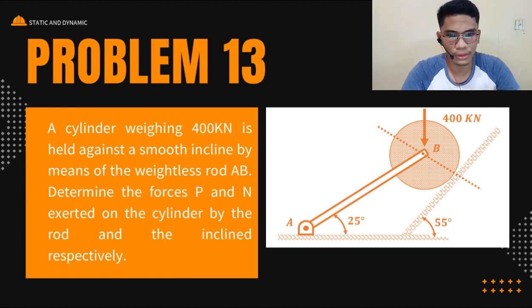So, for the solution, makikita po natin dito yung free body diagram, kung saan nasa quadrant 3 po natin ang 25 degrees at nasa quadrant 4 naman po natin ang 55 degrees, and then our force, yung weight po nung cylinder, is 400 kilonewton pababa.